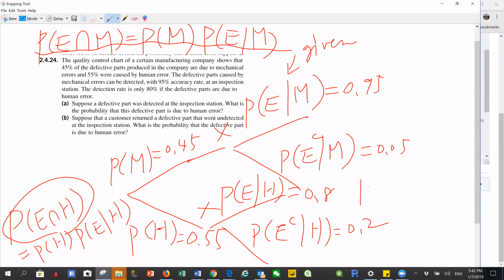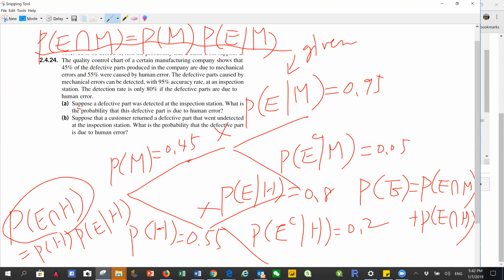The total error is the probability of E and M plus the probability of E and H. After you calculate them separately and add them up, you get P(E). Then you come back to find the answer.